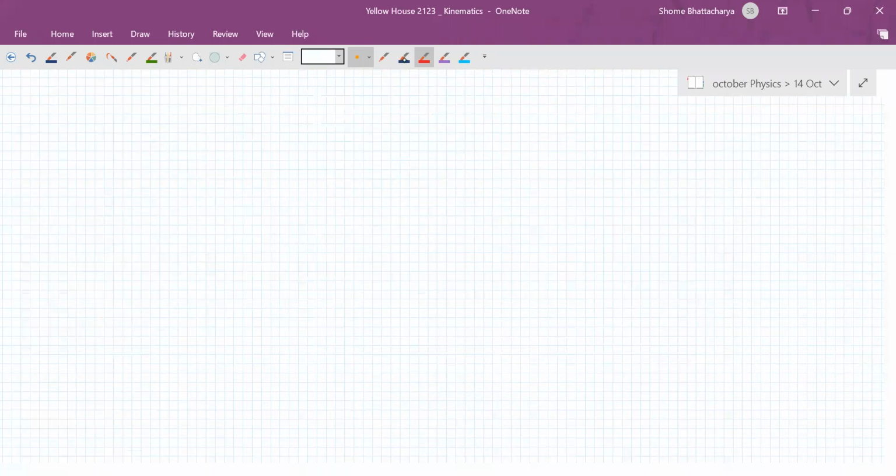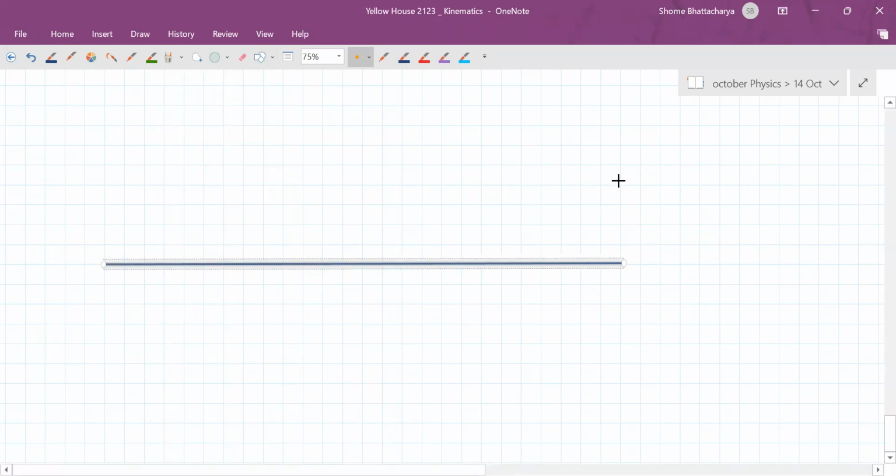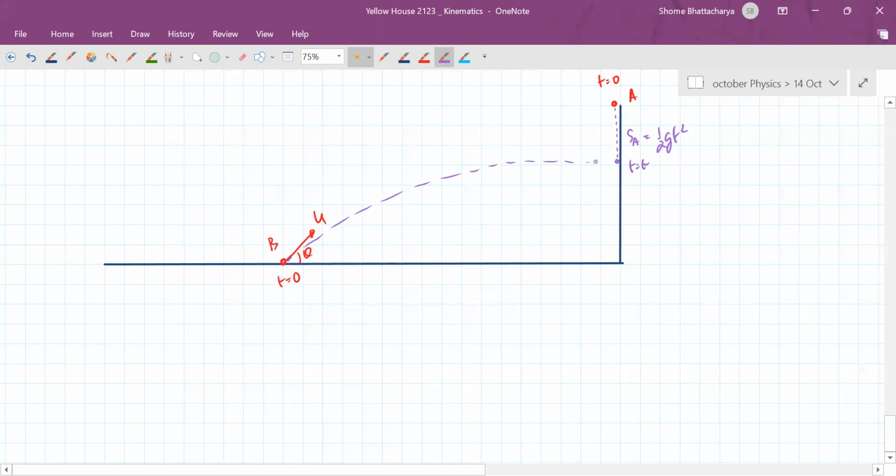Okay, so let's see. If you solve this in the ground frame, then you can see that at an instant when A has fallen down through a displacement SA of magnitude half g t square, simultaneously at this point of time, B, which was here at t equal to 0, should reach here.